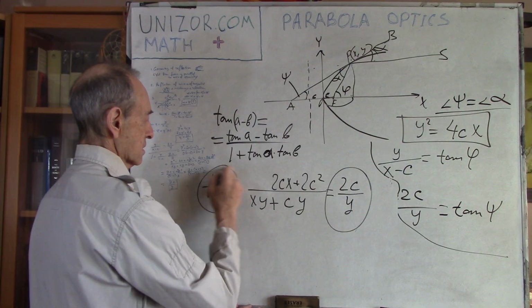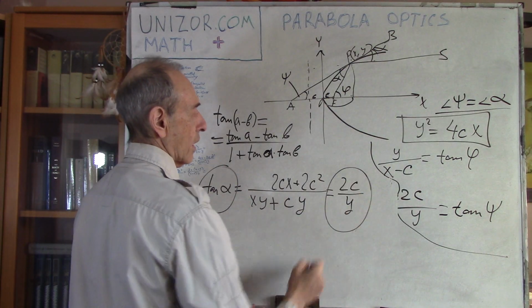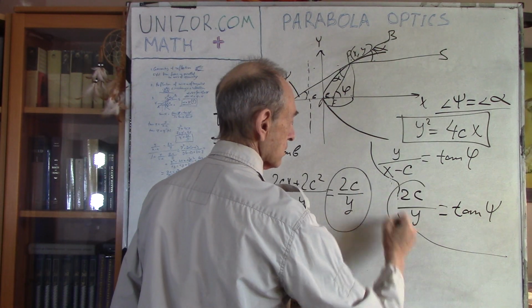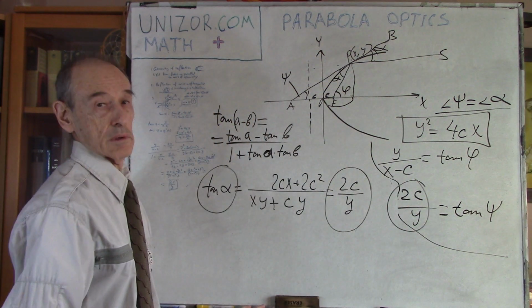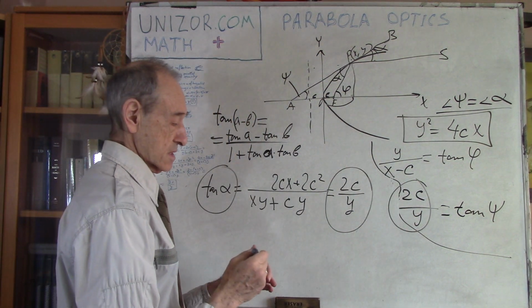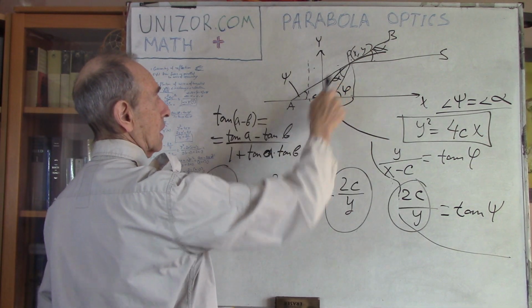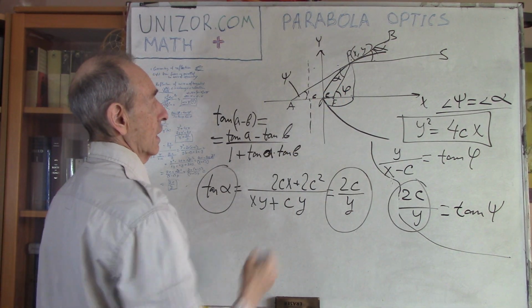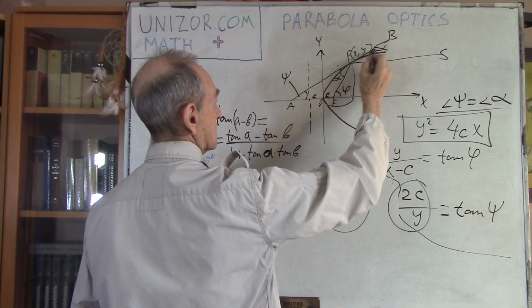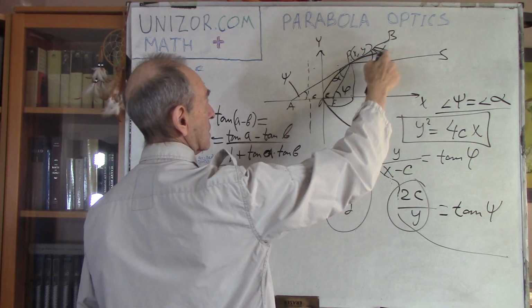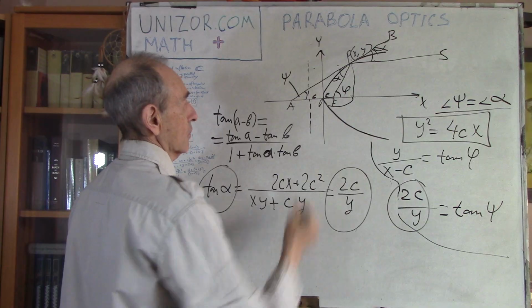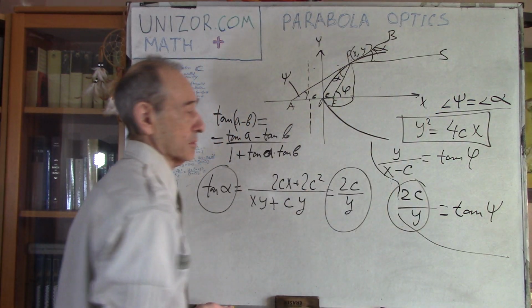Now look at this. Tangent alpha is equal to 2c over y, but tangent psi also is equal to 2c over y, which means tangents are the same, which means angles are the same. So psi and alpha are the same. And since this alpha and this alpha are the same, this psi is equal to this alpha, which means these two lines are parallel.